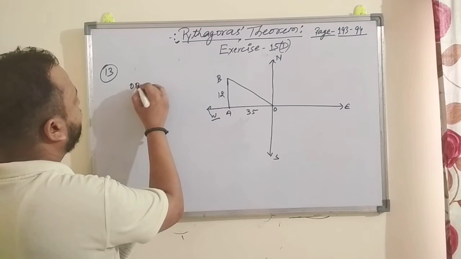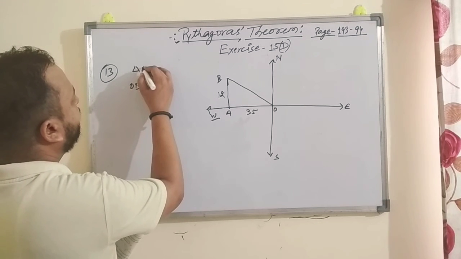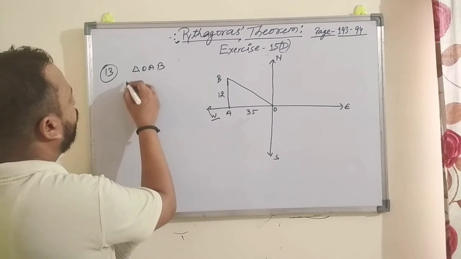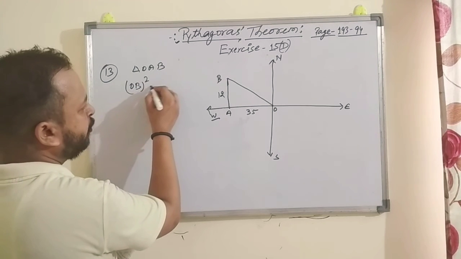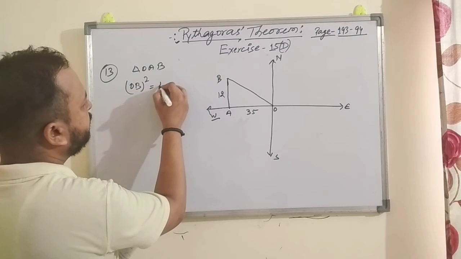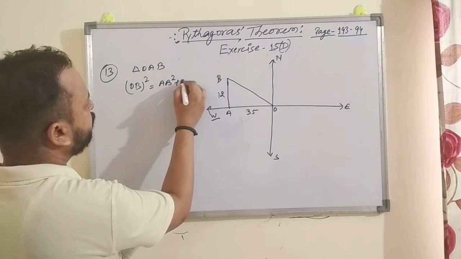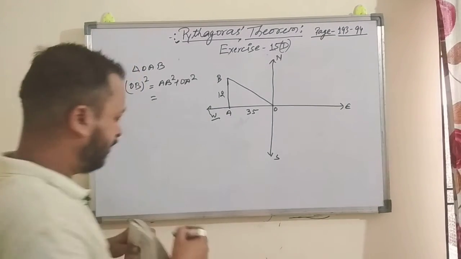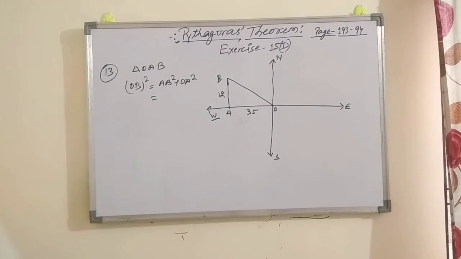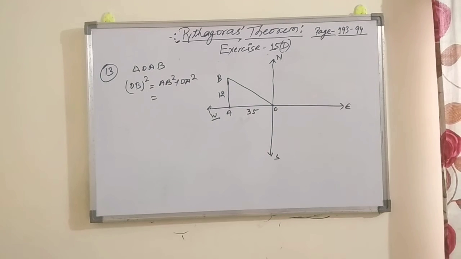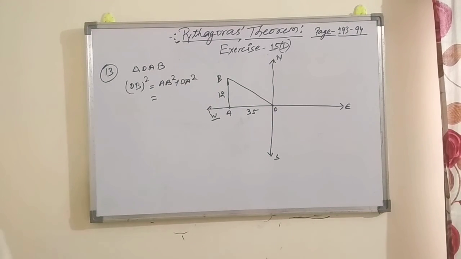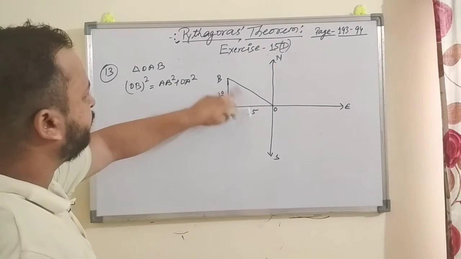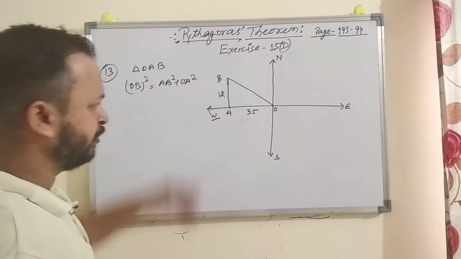So for triangle OAB, OB square is equal to AB square plus OA square. So put the values and find out the value for OB. Just do it by yourself.